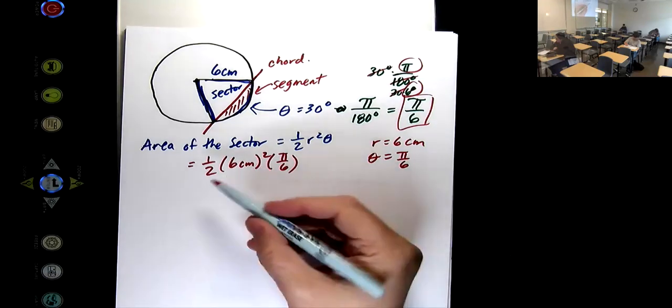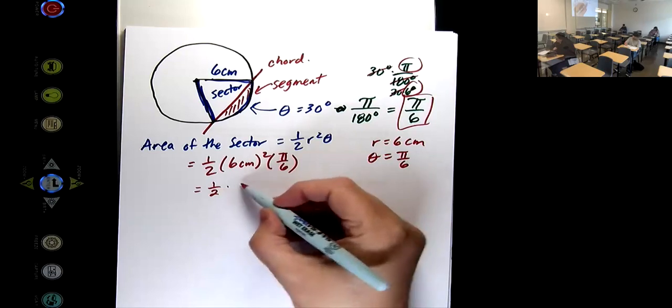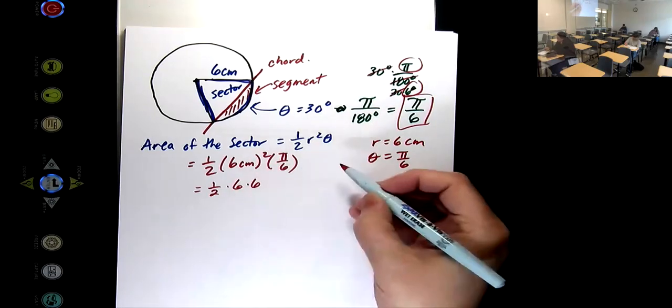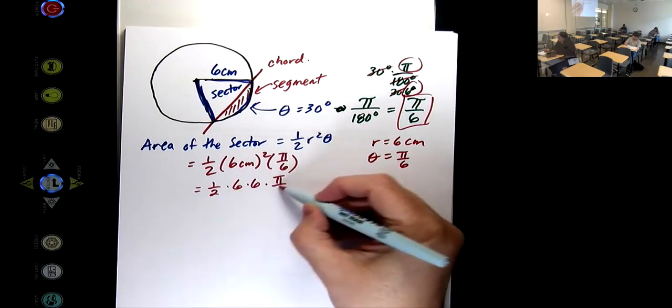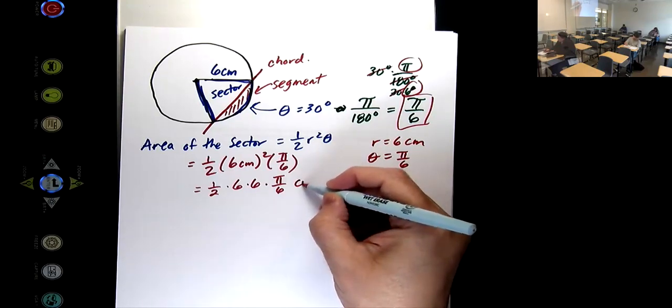This is 1/2 times 6 times 6 times pi over 6. That's 6 squared. And a centimeter squared gives a centimeter squared at the end.